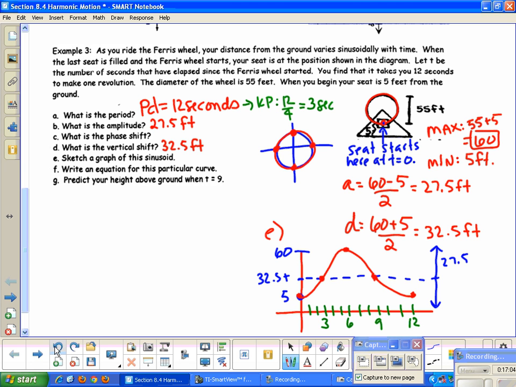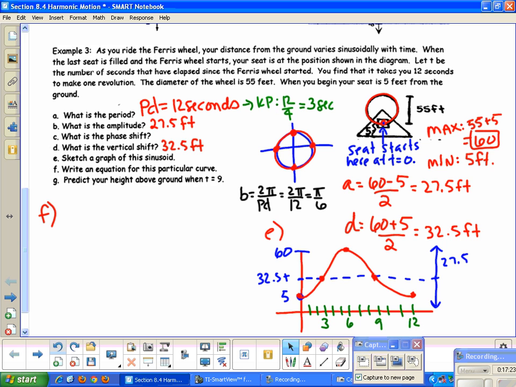To write an equation, we're going to do both the sine and the cosine. So for my cosine graph, we also need to find what the b value is. To find the b value, you can just do 2 pi over the period, which is equal to 2 pi over 12, which is equal to pi over 6.